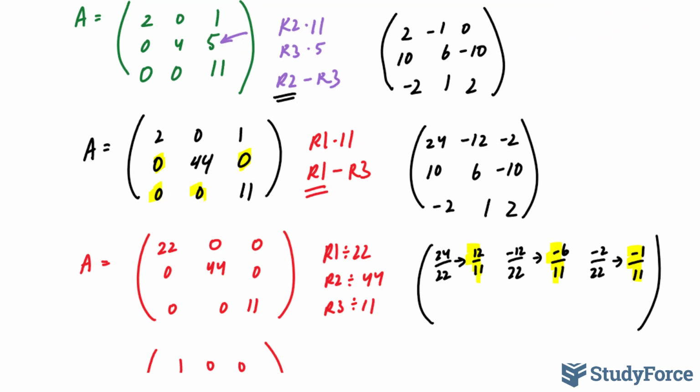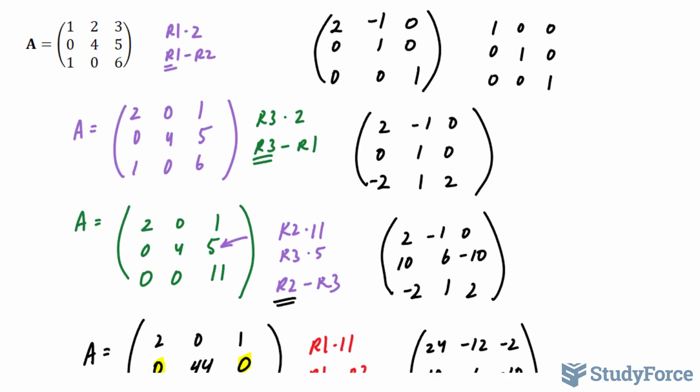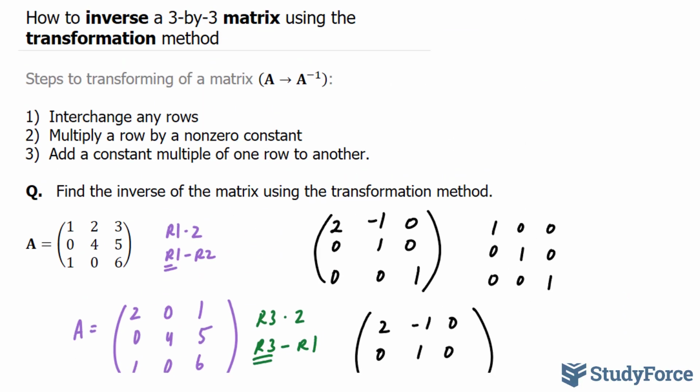And for the next two rows, I'll show you the reduced fractions. 5 over 22, 3 over 22, negative 5 over 22, negative 2 over 11, 1 over 11, and 2 over 11. This right here represents the inverse matrix for this original 3 by 3 matrix.